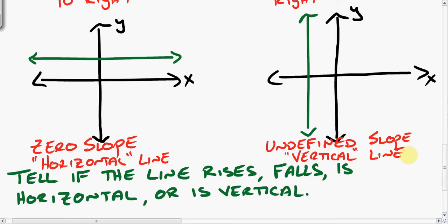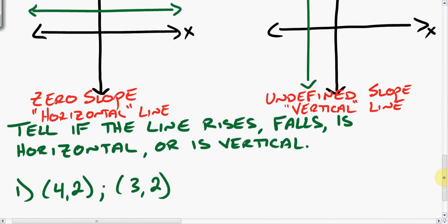Now we've got a little pictorial representation of what a positive slope, negative slope, zero slope, and undefined slope look like. So now we'll be able to classify these lines, meaning saying whether they rise, fall, are horizontal, or are vertical, just by looking at the numerical value of the slope and not even graphing it. And you'll see that in a second.